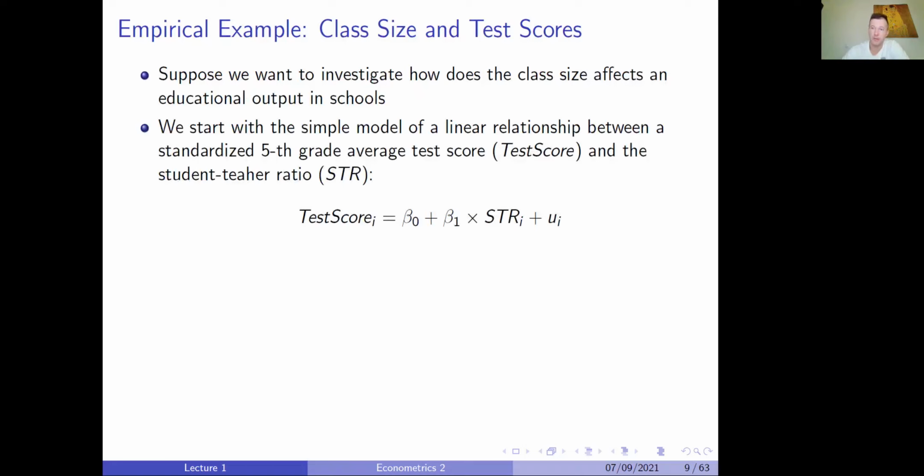So we start with this simple model of a linear relationship between a standardized 5th grade average test score and the student-teacher ratio. So we denote variable x, now instead of x we have str. Instead of y we have this test score. And this is the initial population linear model.